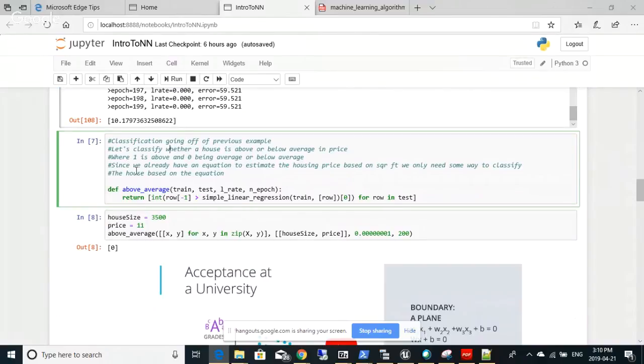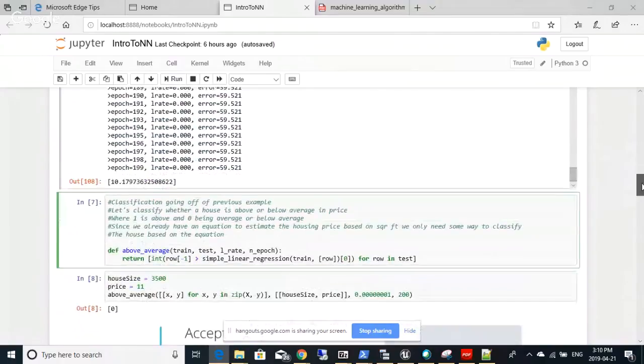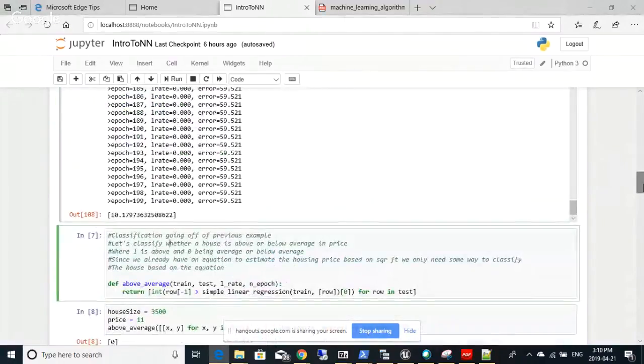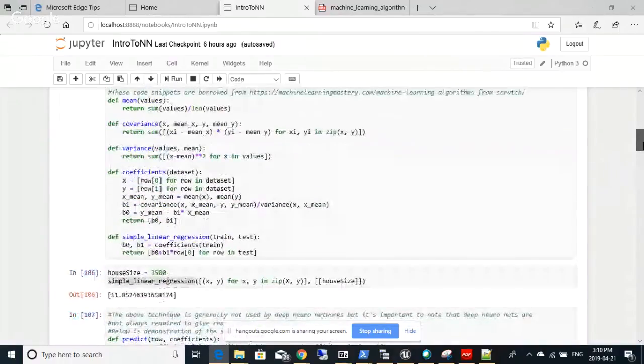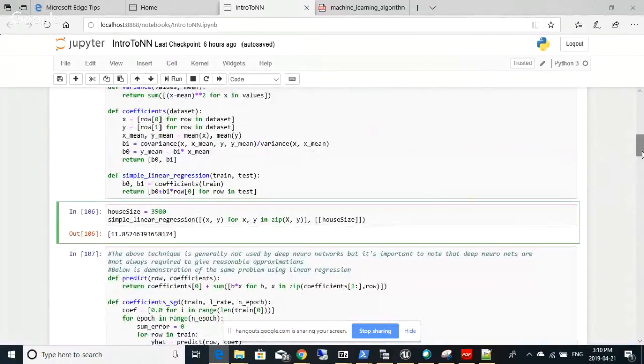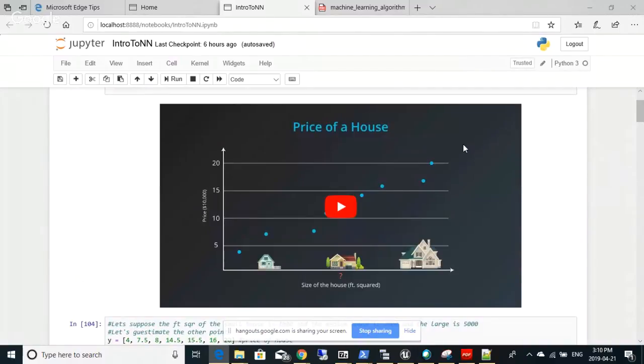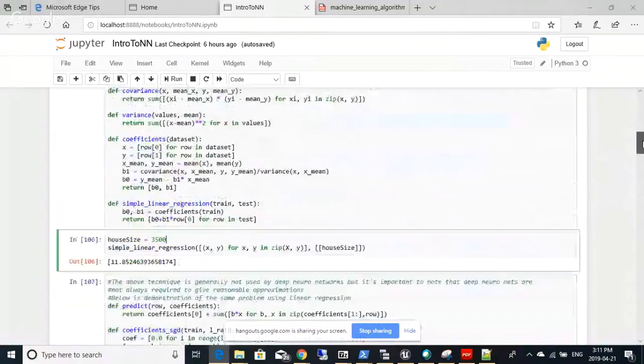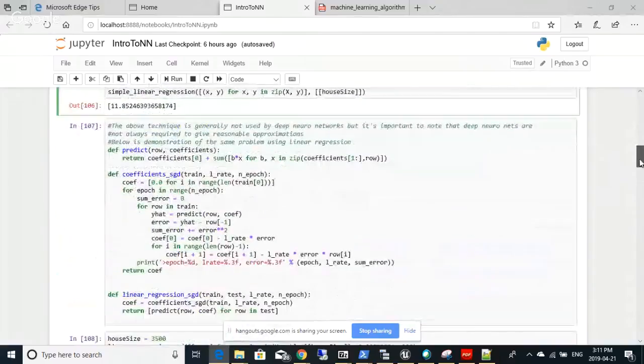Going off the previous example, I tried using it to later find what's above average and what's not, and it did not work as well as I'd liked. It essentially said only one of these points was below average, and that's not correct.